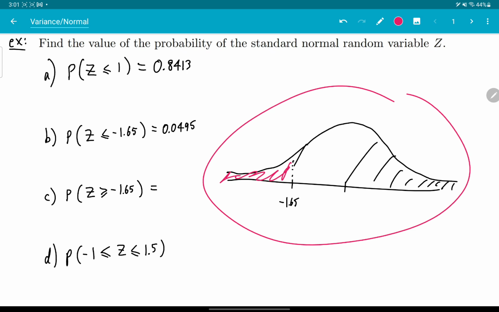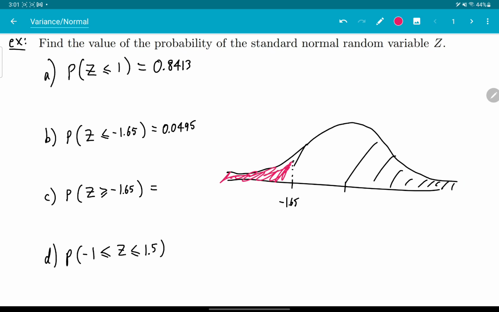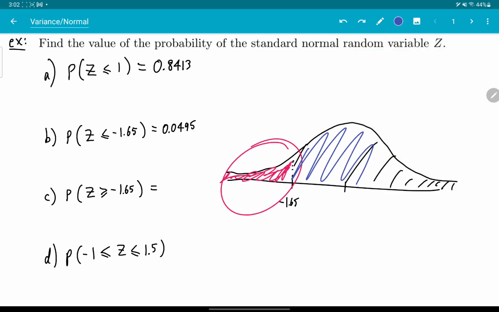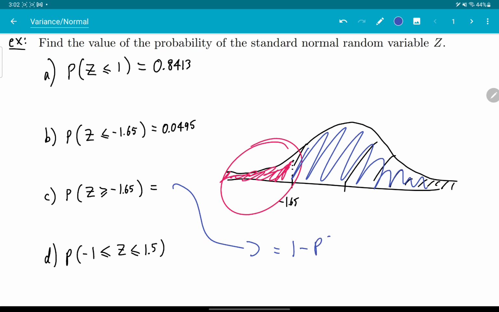So if I take the full area and subtract this area, then I will get, indeed, the area I want, which is this guy in blue here. So for that reason, I'll be writing this as 1 minus the probability that Z is less than or equal to negative 1.65.